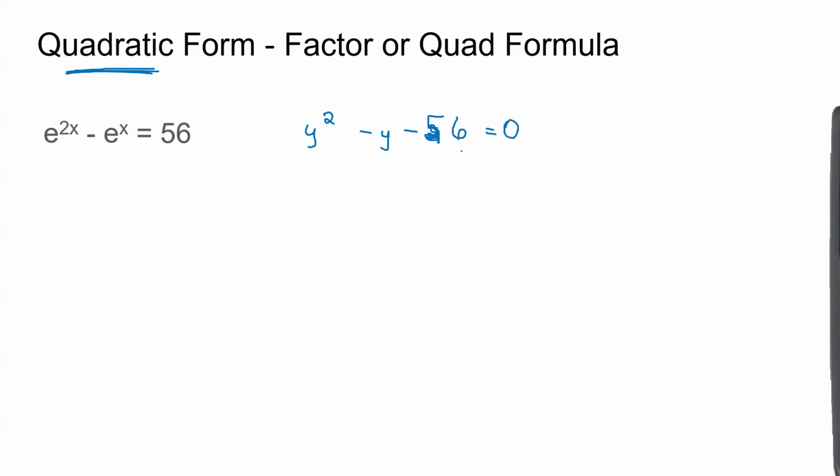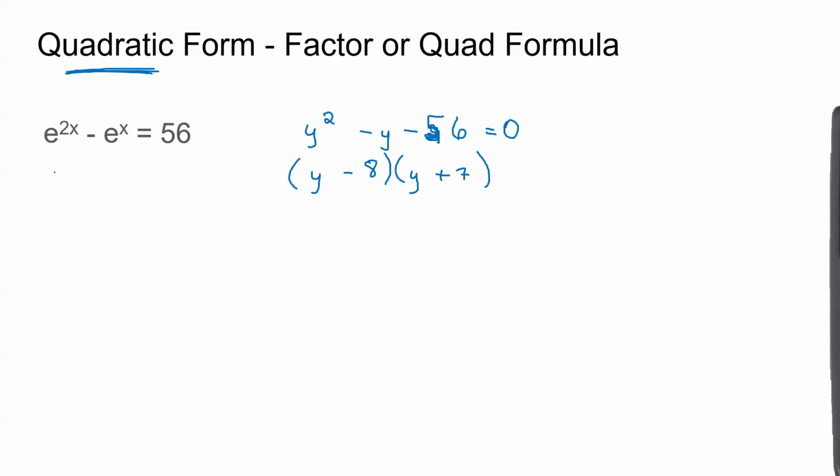Wouldn't that look like a nice little quadratic waiting to solve and factor? In fact, for 56, I've got 2 factors, 7 and 8, that multiply to 56 and subtract to 1. So if I did y minus 8 times y plus 7, that would be the factorization of that quadratic right there.